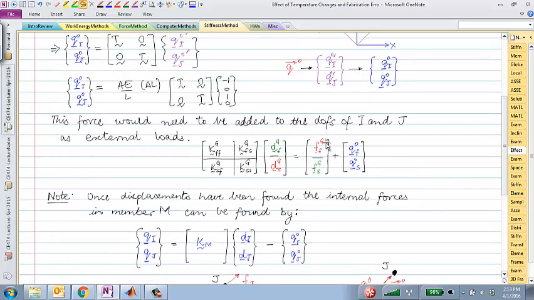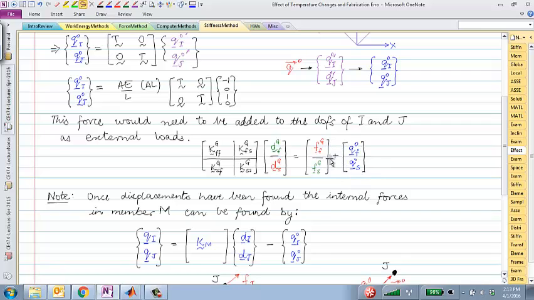You remember, this was the system that we originally came up with, as if there was no delta L change in length, either due to temperature or due to misfit or anything. What we're doing is taking these initial forces just to make that member fit back to the correct length. And we can do that by applying these additional forces to the global system.